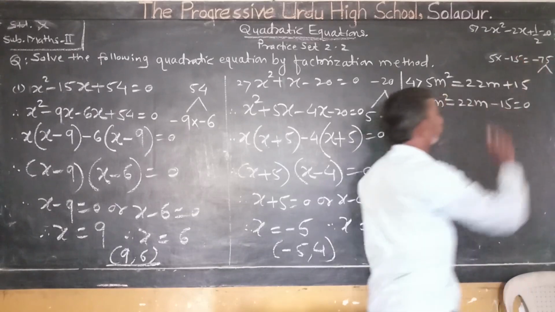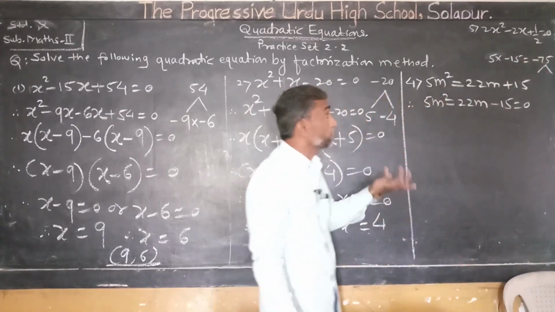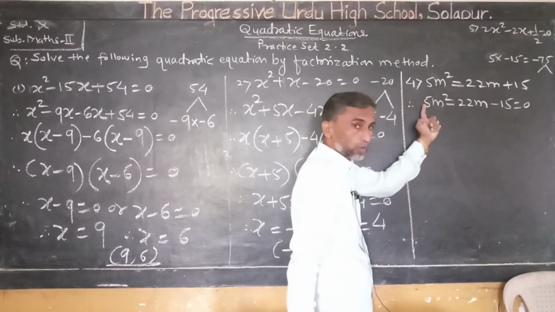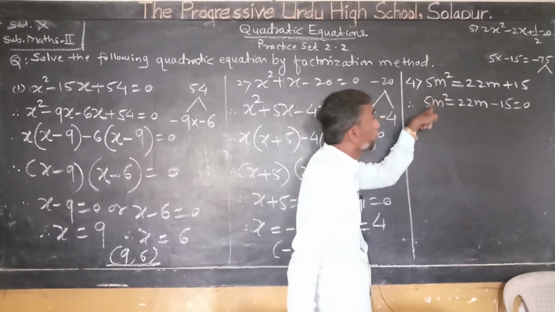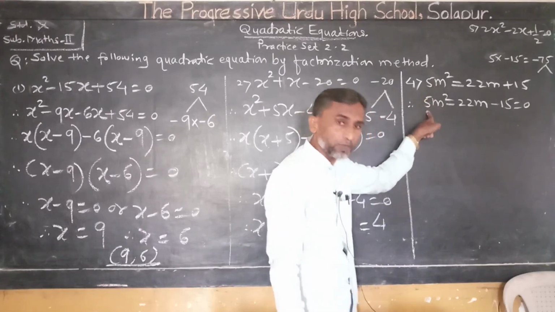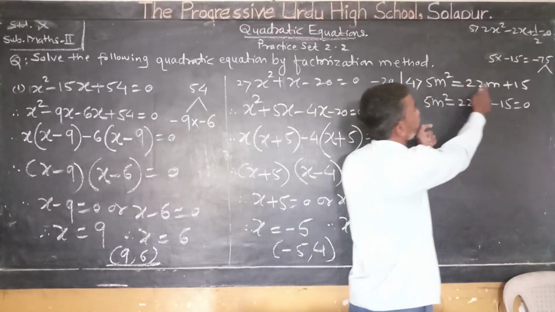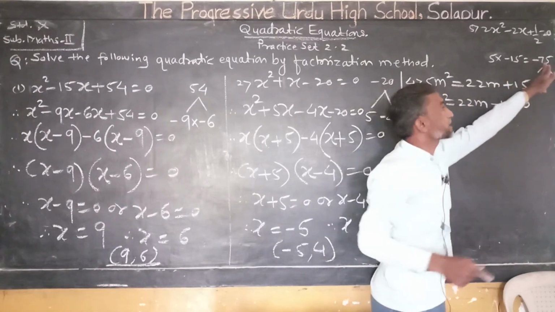So find the factors of minus 75. Why minus 75? Because the quadratic term is 5m square, where 5 is the quadratic coefficient. So you should multiply this quadratic coefficient with the constant term minus 15. 5 into minus 15 is minus 75.